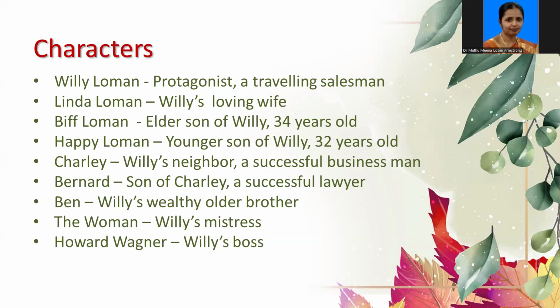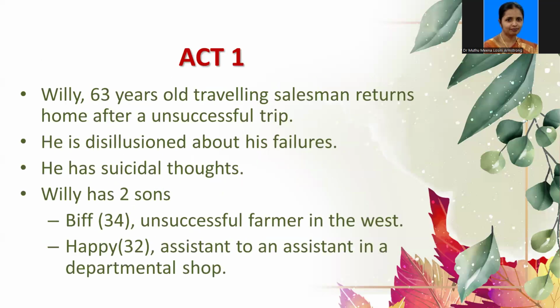The elder one is Biff, the younger one is Happy, and Charlie is Willie's neighbor and a successful businessman. Bernard is a son of Charlie, who was a lawyer. Ben, who is Willie's wealthy elder brother, and the woman, Willie's mistress, and Howard Wagner, Willie's boss. So these are the characters in this drama. And this drama has been written in two acts, Act 1 and Act 2.